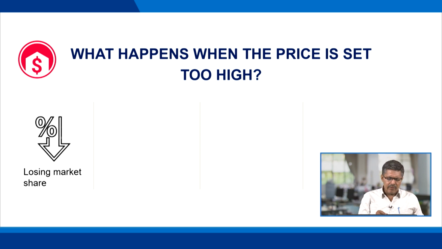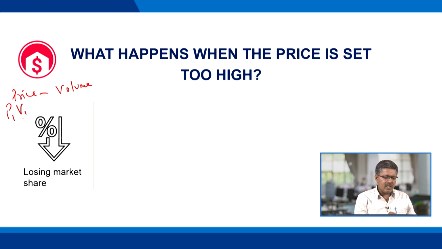Now, as I said here, price and volume. So P1, let us say V1, which is the price which was previously there and the volume that we were selling, should be equal to, at least it should be equal to P2 V2.